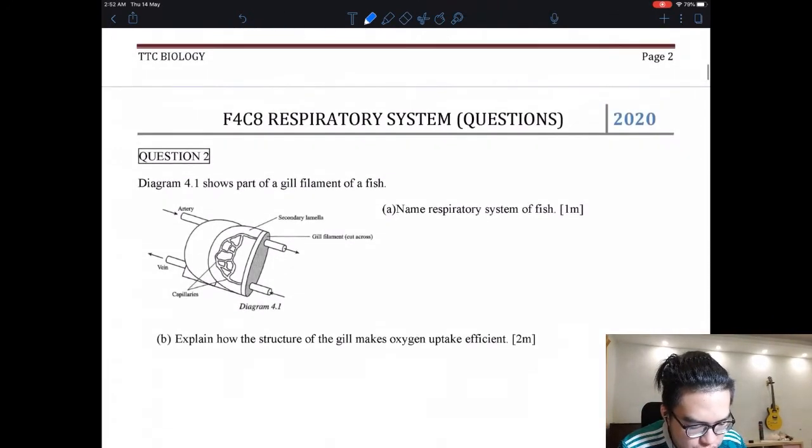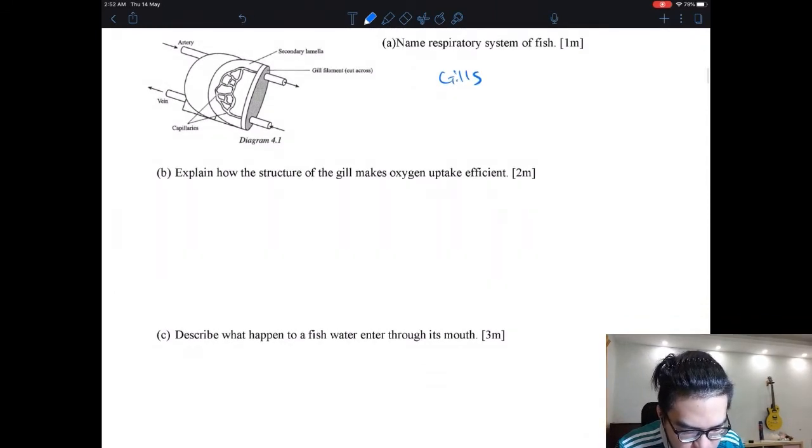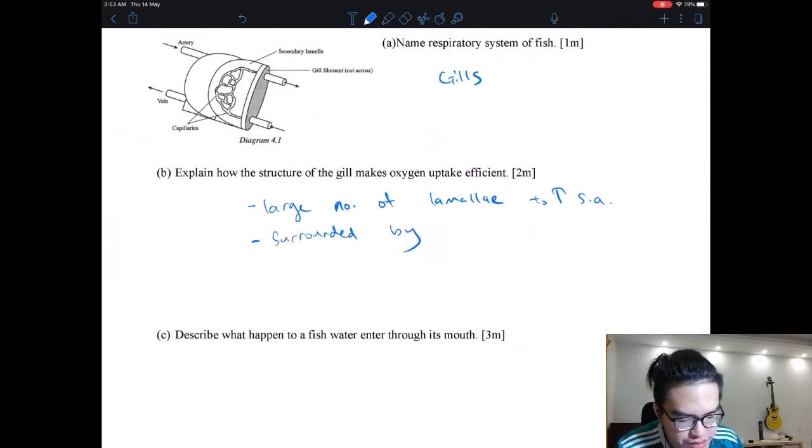Okay, respiratory system of fish, gills. Explain how the structure of gills makes oxygen uptake efficient. Structure of gills, you can say large surface area, large number of lamellae to increase surface area. You can say surrounded by blood capillaries.